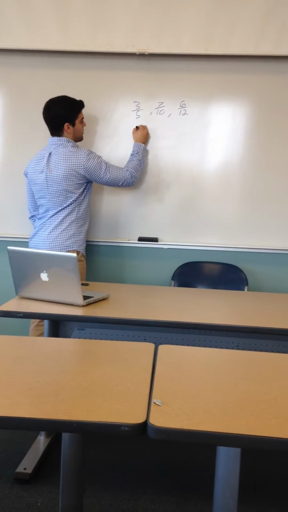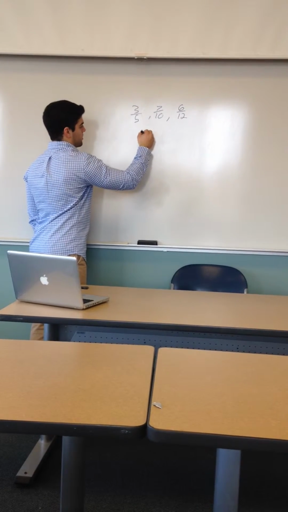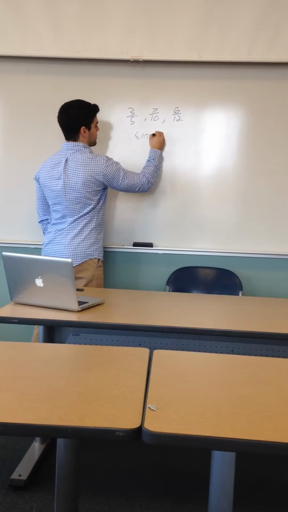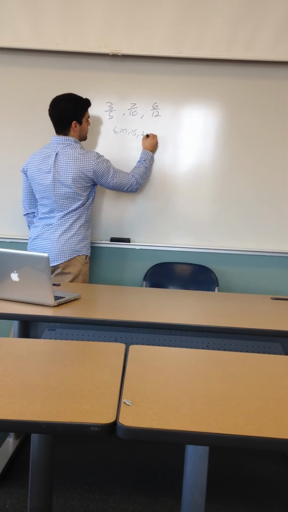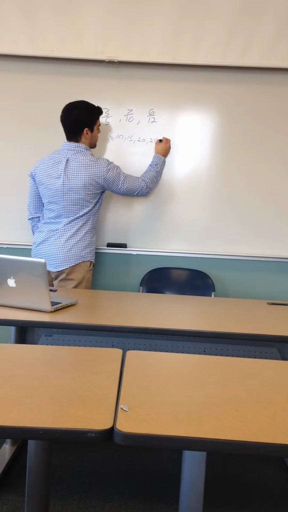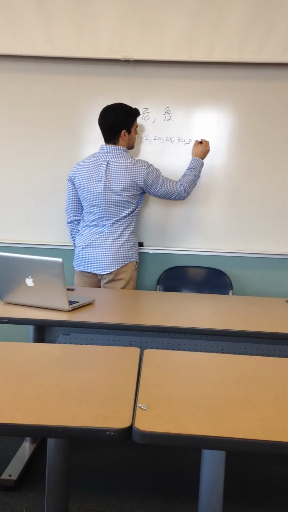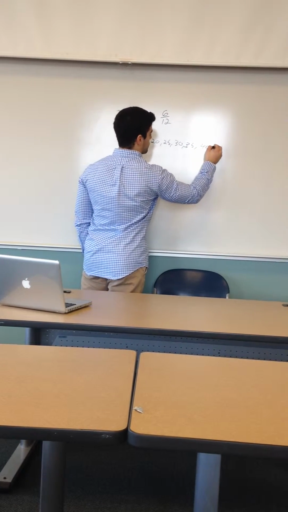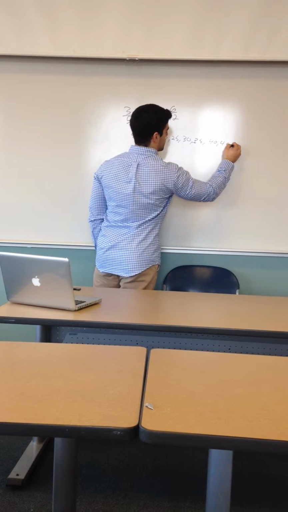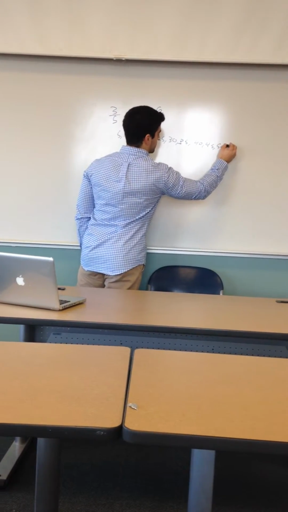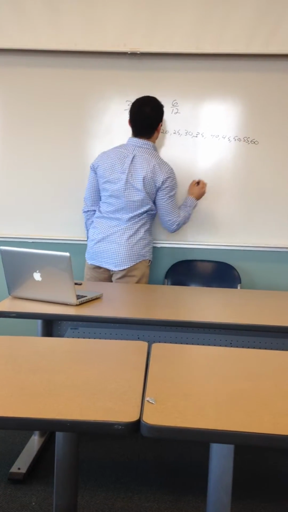So 5 has multiples of 5, 10, 15, 20, 25, 30, 35, 40, 45, 50, 55, 60.